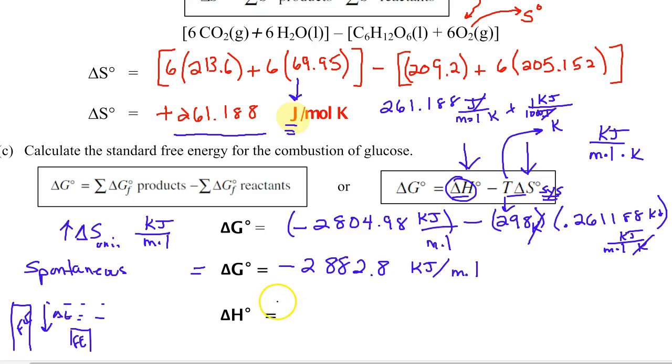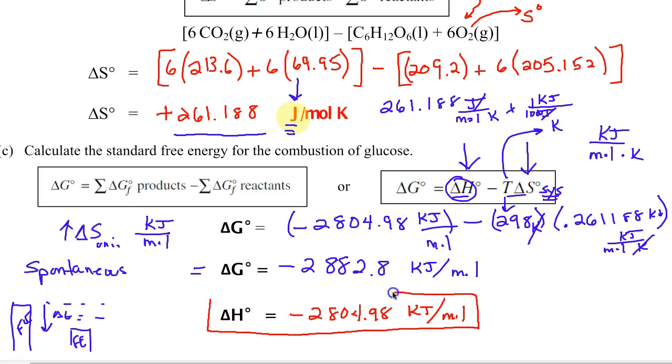Now, interesting enough, let's evaluate what the delta H was. The delta H was negative 2804.98 kilojoules per mole. Now, I'm doing this because I want to evaluate the heat released in this reaction with the actual free energy that's available to do work with.